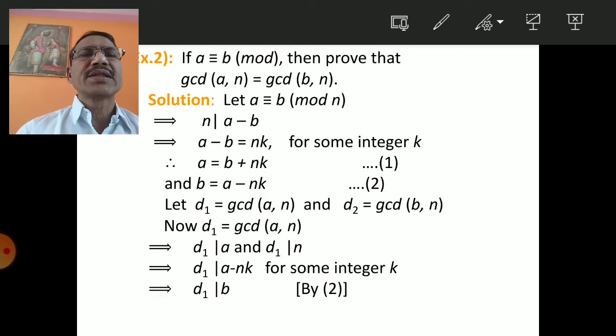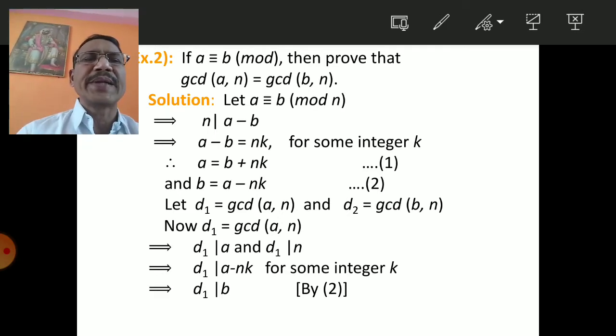Assume that the GCD of a and n is equal to d1 and the GCD of b and n is equal to d2. Now as d1 is the GCD of a and n, d1 divides a and d1 divides n. This implies d1 divides a minus nk by using the property of divisibility. But a minus nk is equal to b using equation 2.